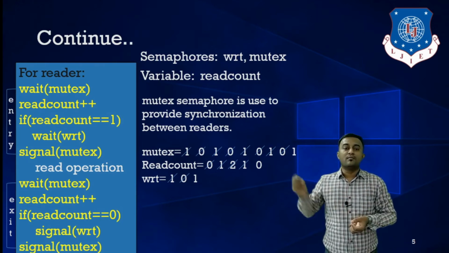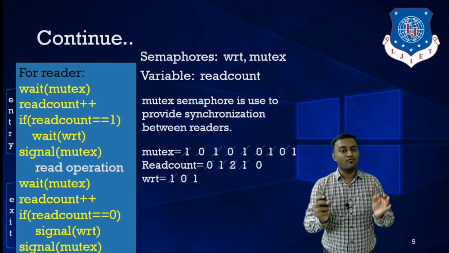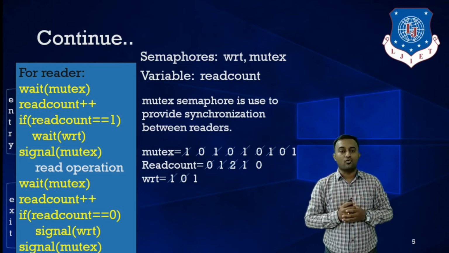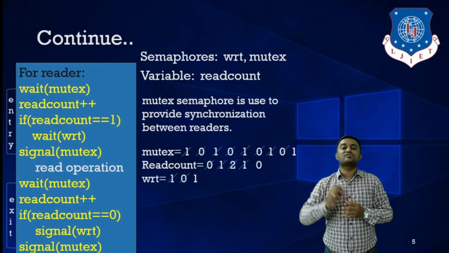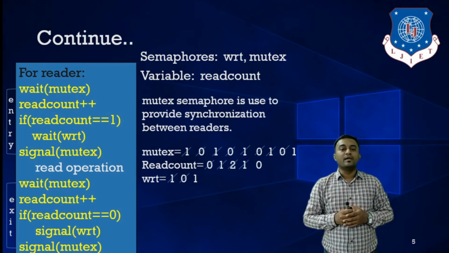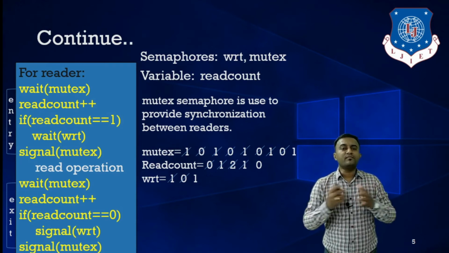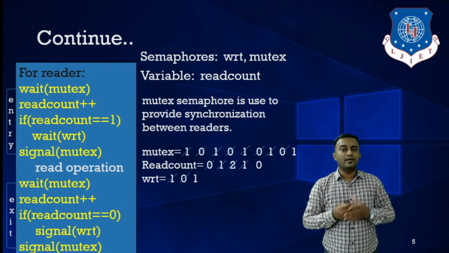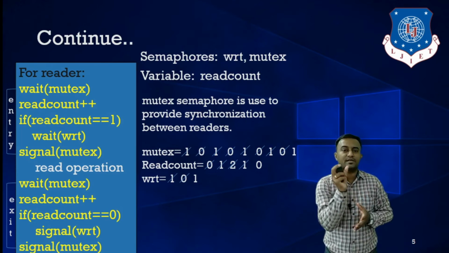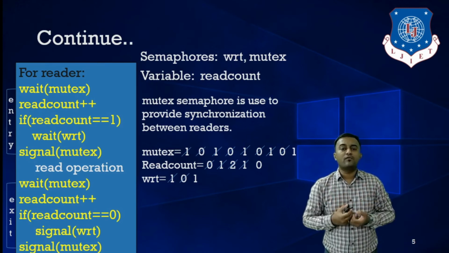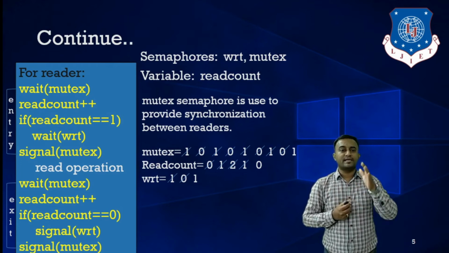WRT is again a semaphore, which handles the critical section problem with respect to writer code, so it is also initialized with the value 1. At the initial time, no reader or writer has entered the critical section, so the read count value is 0. Now let us execute this code.